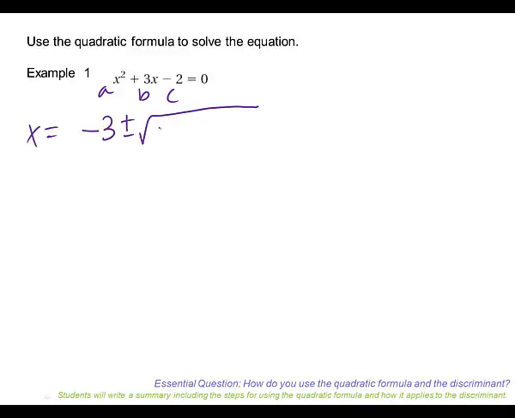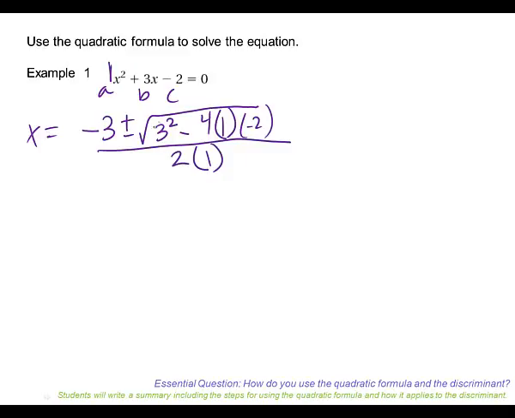What's going in next? I'm going to write out the work, but I'm okay if you put a 9. So 3 squared minus what? 4 times 1, the number in front, times what? Negative 2. All over 2 times 1.